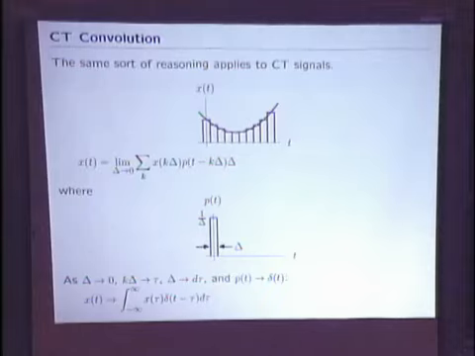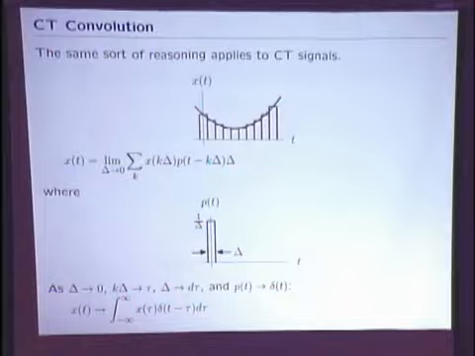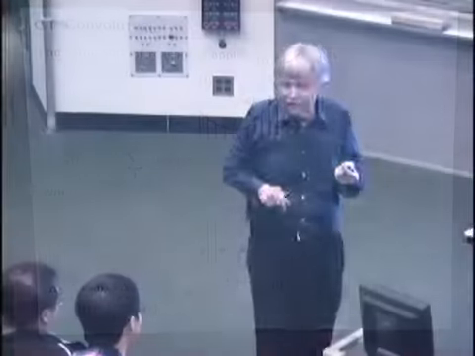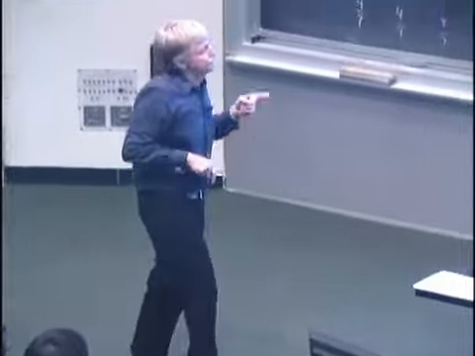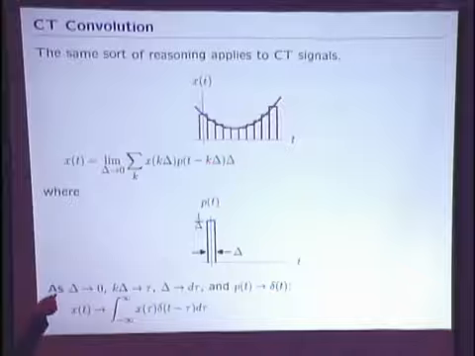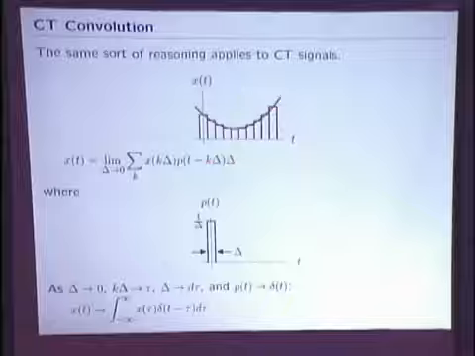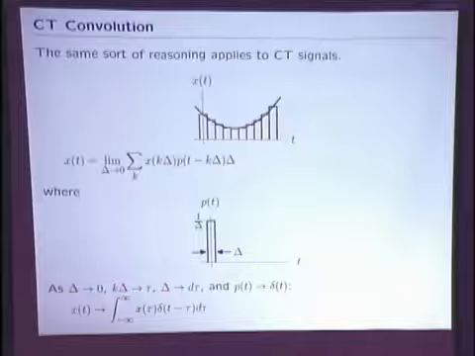Imagine that I have a signal that is a square pulse whose area, regardless of width, is 1. That's what a unit impulse function is. Imagine how you would construct an arbitrary signal x of t by having such a signal. You could take a signal and its shifted version and come up with a weighted sum of impulse functions or rectangular approximations to impulse functions to represent an arbitrary signal.